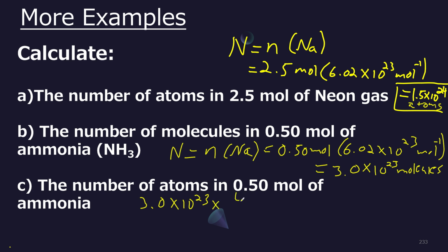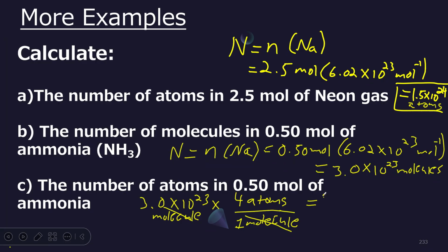Really, it's a ratio of 4 atoms per 1 molecule. So this way, our units of molecules will cancel out. We'll be left with units of atoms.